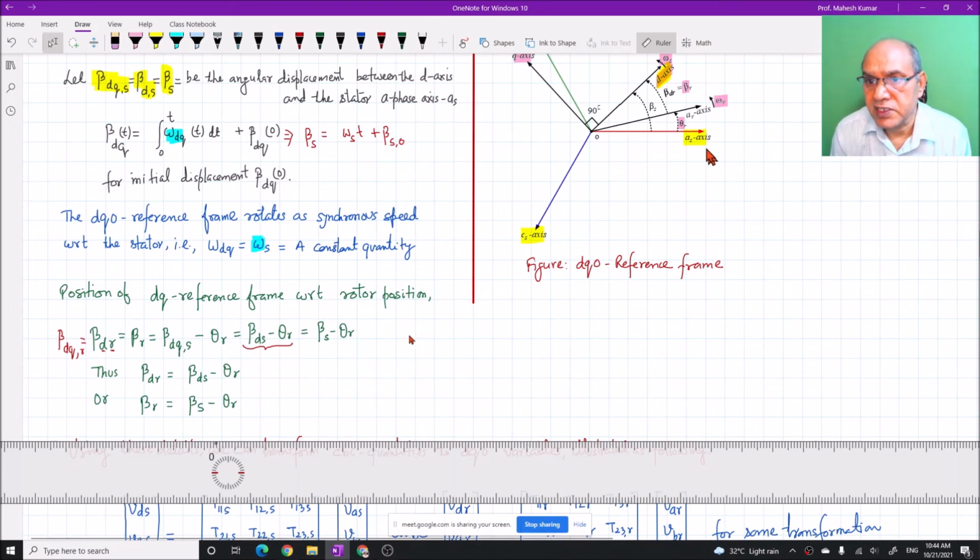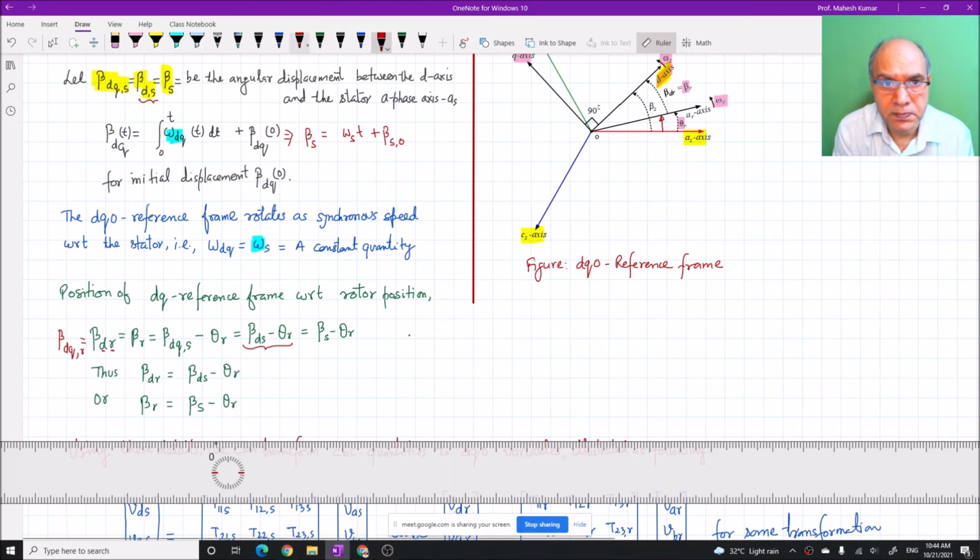This is beta ds, so this is beta ds minus theta r. So the position of the rotor, if you see, is nothing but beta s minus theta r. Correct? So beta r or beta dr is beta s minus theta r.